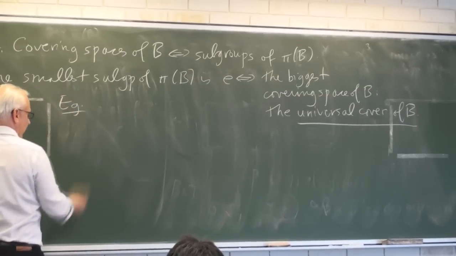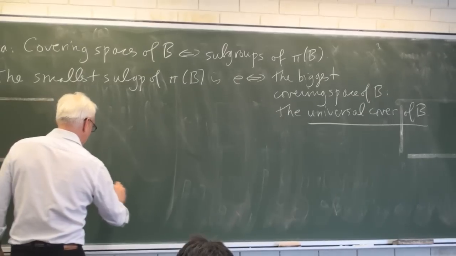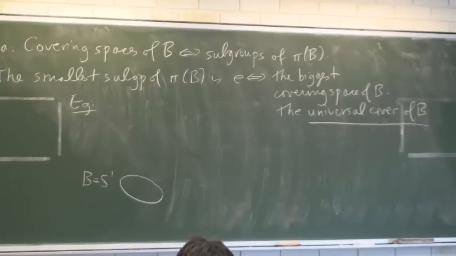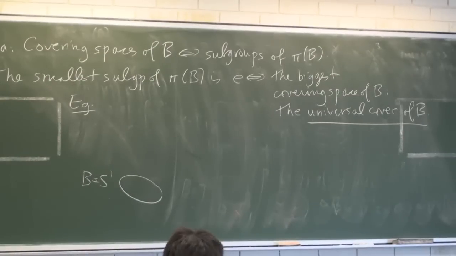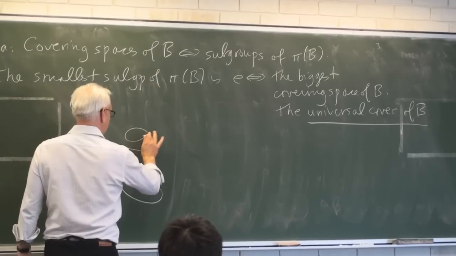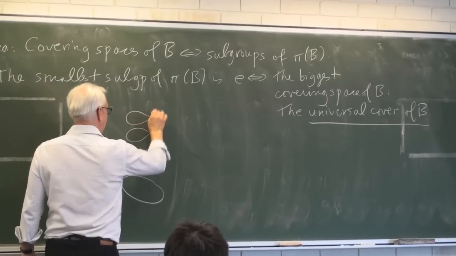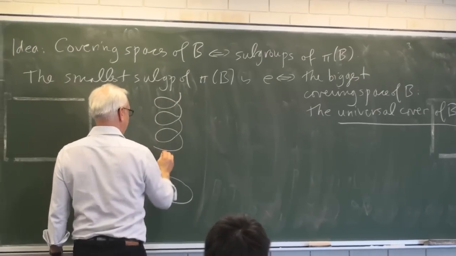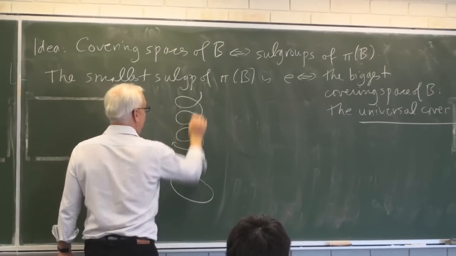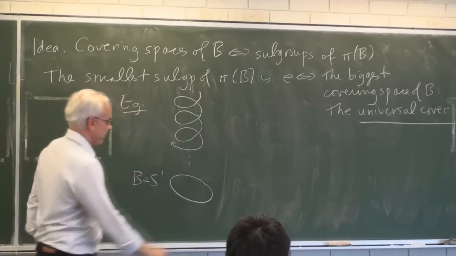Well, let's look at an example first. If B is equal to the circle, S1, the universal cover is one that has fundamental group just the identity. It means it's simply connected. That's going to be the infinite cover consisting of the line.